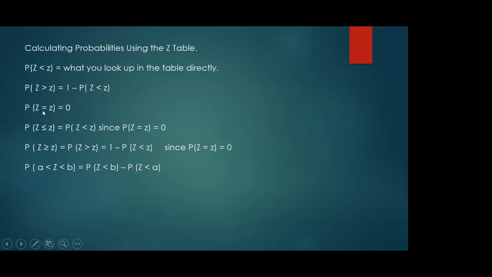The probability that Z is equal to z is going to be equal to 0. The probability that Z is less than or equal to z is just equal to the probability that Z is less than z, because the probability that Z is equal to z is 0.